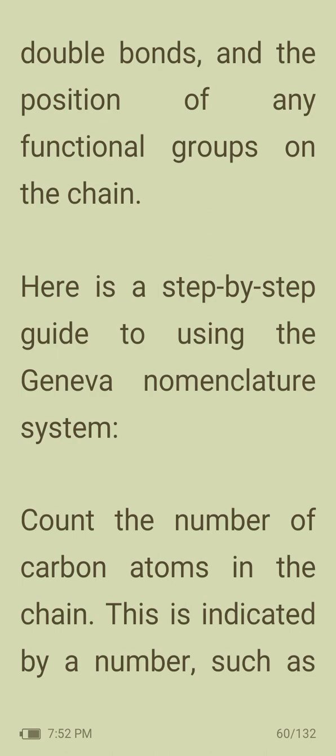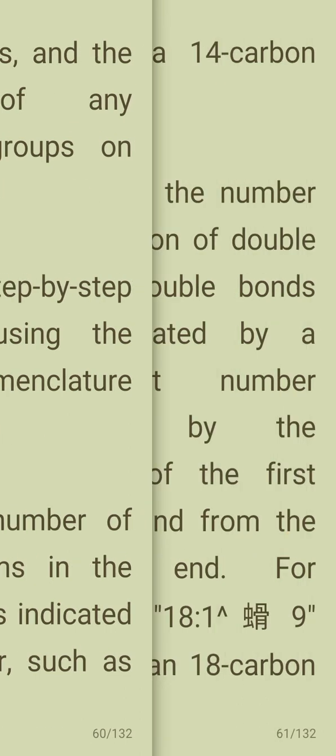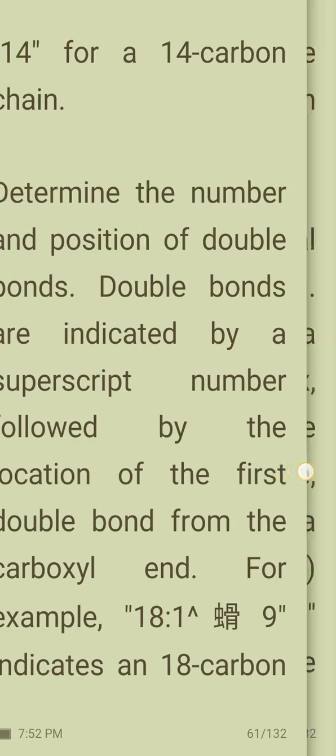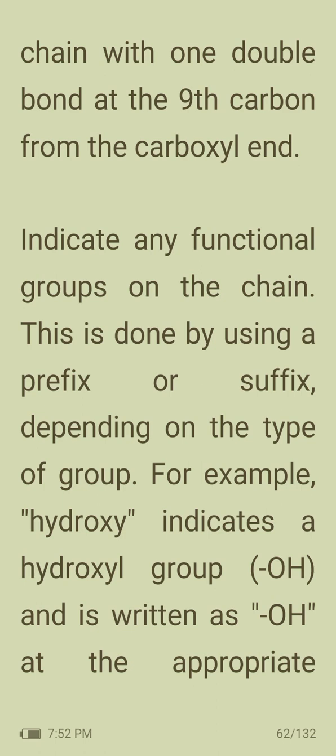Count the number of carbon atoms in the chain. It is indicated by a number such as 14 for a 14 carbon chain. Determine the number and position of double bonds. Double bonds are indicated by a superscript number followed by the location of the first double bond from the carboxyl end, for example 18:1Δ9, indicating an 18 carbon chain with one double bond at the 9th carbon from the carboxyl end.